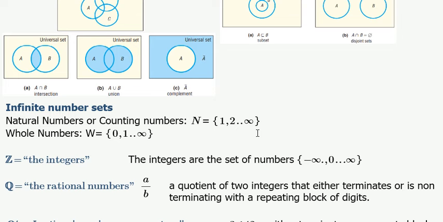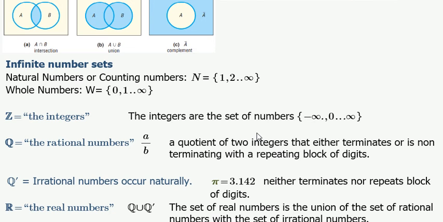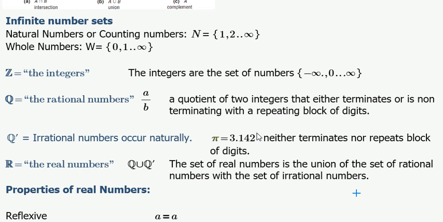These are positive numbers, counting numbers used for counting objects. Whole numbers start with 0 and go up to infinity in the positive direction. The integers go from minus infinity to plus infinity, all the numbers.